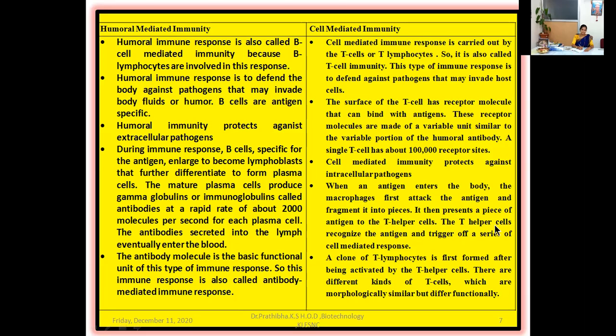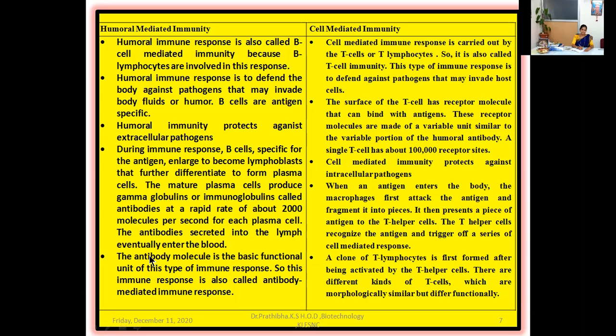The T helper cells recognize the antigen and trigger off a series of cell mediated immune responses. Okay, hope you can understand here. You can keep in your mind this macrophage is one of the APC. This APC presents fragmented or digested pieces of antigen to the T helper cells to trigger further cell mediated immune response.